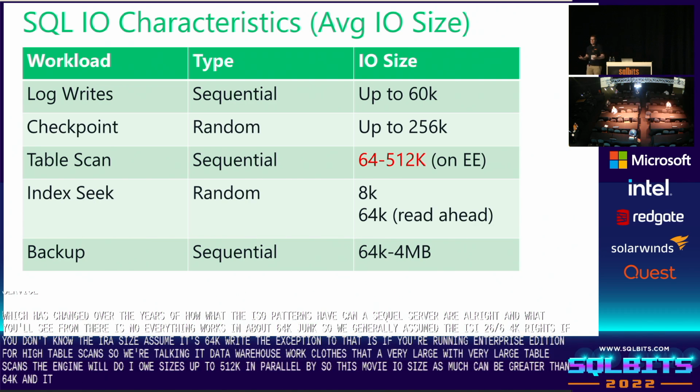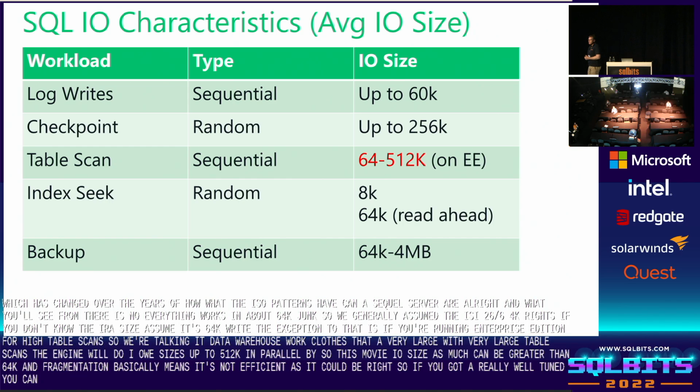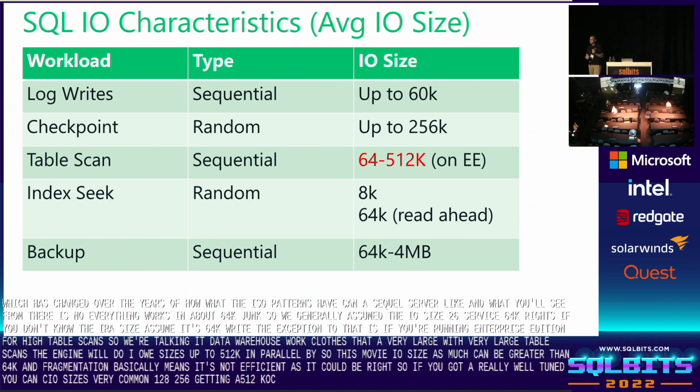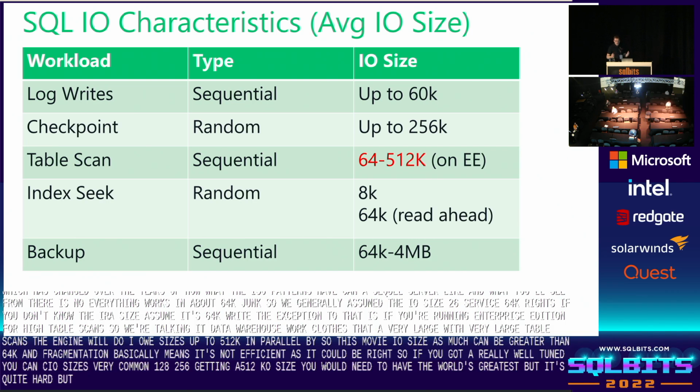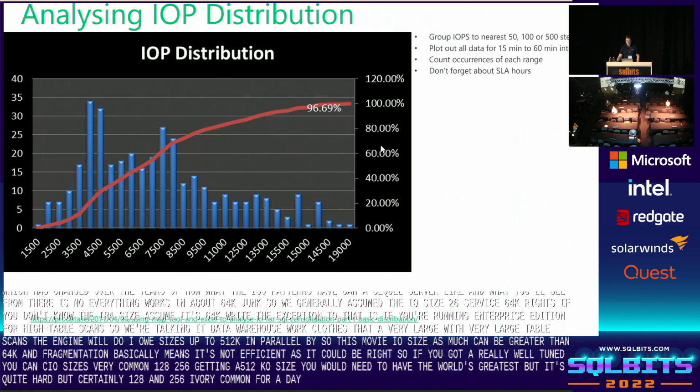And this is where fragmentation basically means it's not as efficient as it could be, right? So if you've got a really well-tuned system, you can see I/O sizes very common, 128, 256. Getting a 512K I/O size, you would need to have the world's greatest DBA, right? It's quite hard. But certainly 128 and 256 are very common for data warehouse.